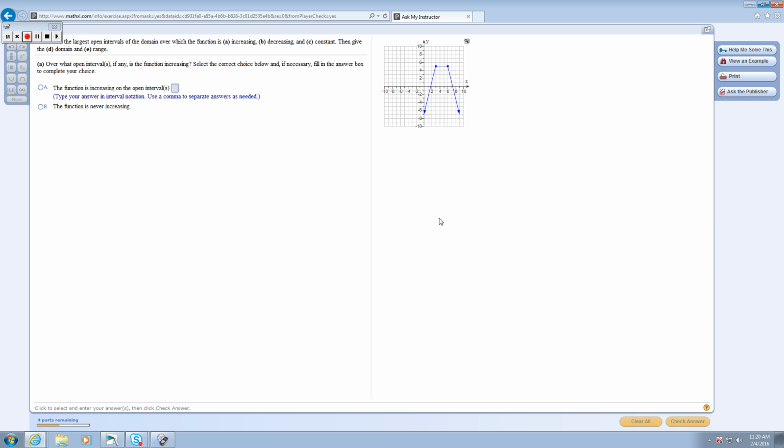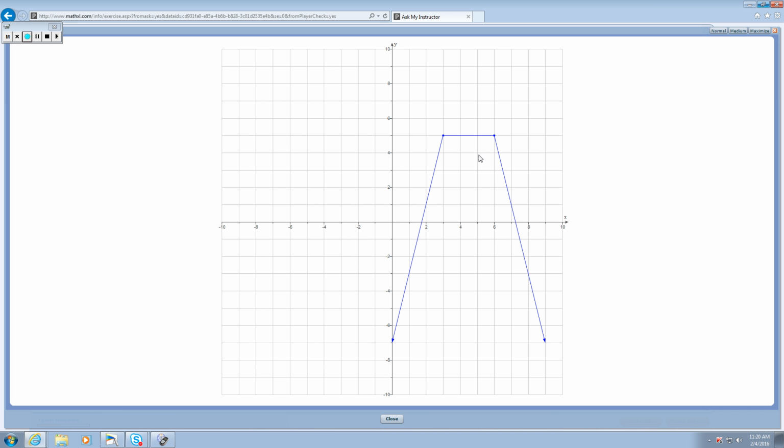This question is probably talking about increasing and decreasing values. I usually talk about this with domain and range, and I'm going to incorporate domain and range into this also.